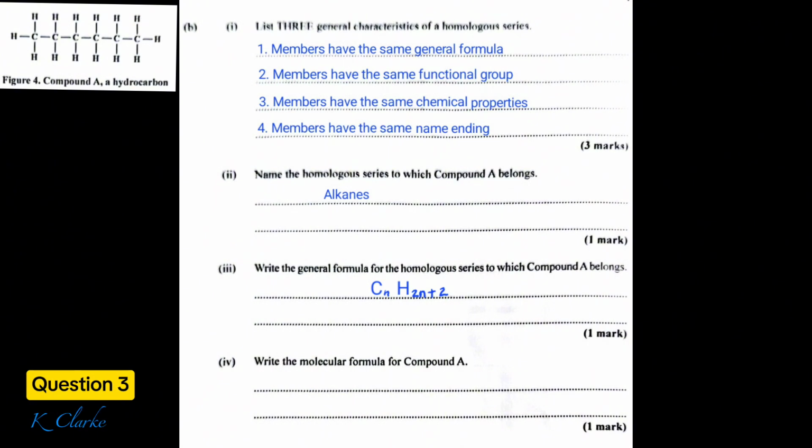Therefore, the formula will be C6H2(6+2). So you are going to multiply 6 by 2 and then add 2 to get the number of hydrogens. Therefore, the molecular formula for compound A is C6H14.